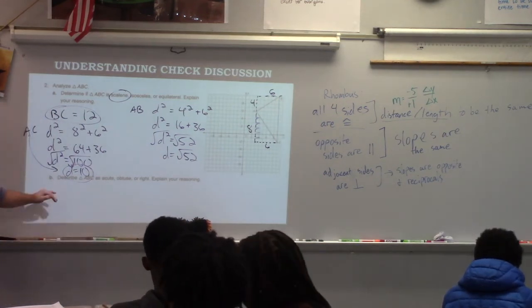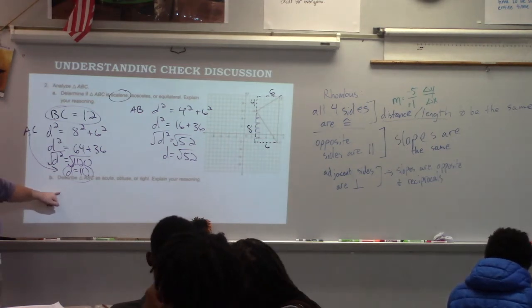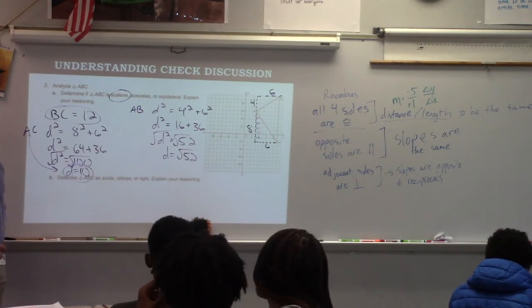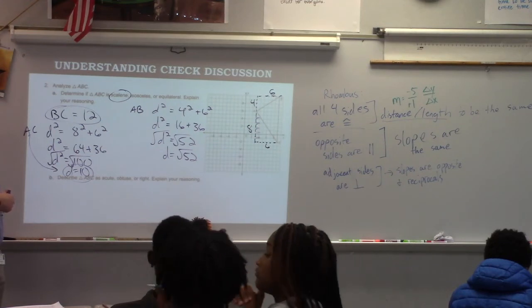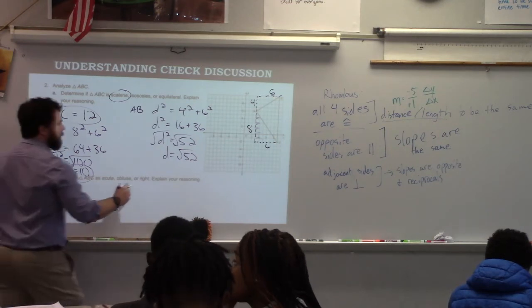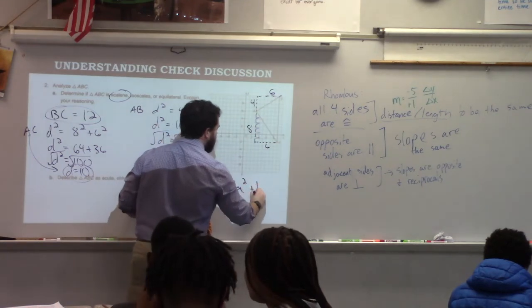But this is where students made a lot of mistakes, right here. Describe the triangle as acute, obtuse, or right. What did we need to compare to determine if it was acute? Angle. Well, we don't have the angle. We had to use the Pythagorean theorem. Remember, we compared c squared to a squared plus b squared.